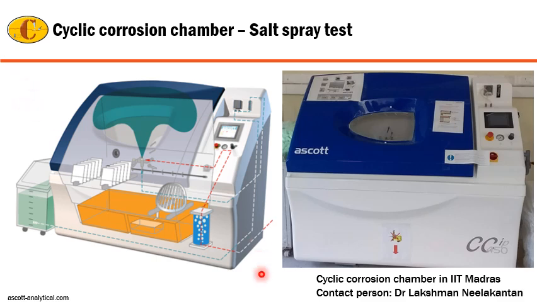But in usual cases, if you have a pipeline going through the desert regions or even in normal regions, you will have rainfall, then you'll have completely dry weather. So the coating and the pipeline in general is exposed to the cyclic nature of temperature and humidity. These cyclic conditions can be replicated in this cyclic corrosion chamber.